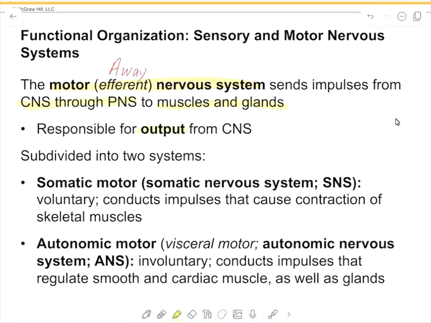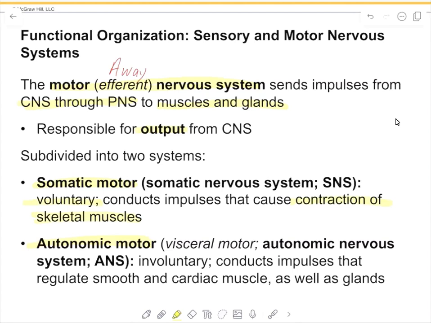And just like we saw with the sensory nerves, we also have two systems here. We have either somatic or autonomic motor. Somatic means that it is voluntary and it conducts impulses that cause contraction of skeletal muscles.